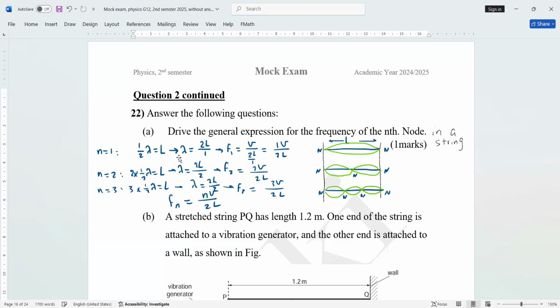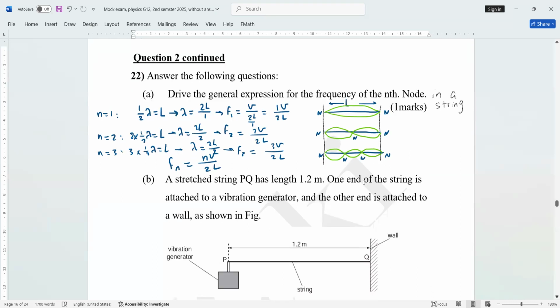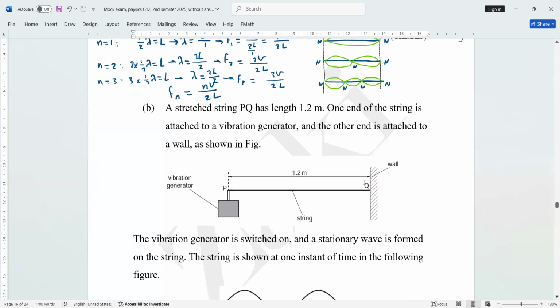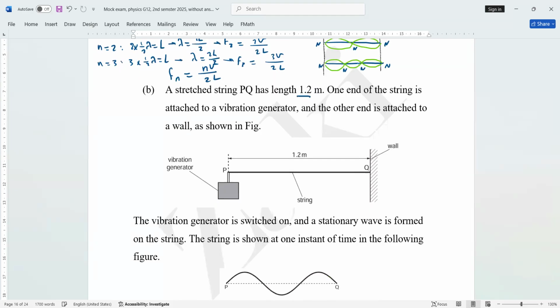Next question. A stretched string PQ of length L equals 1.2 meter. One end of the string is attached to a vibration generator and the other is attached to the wall.